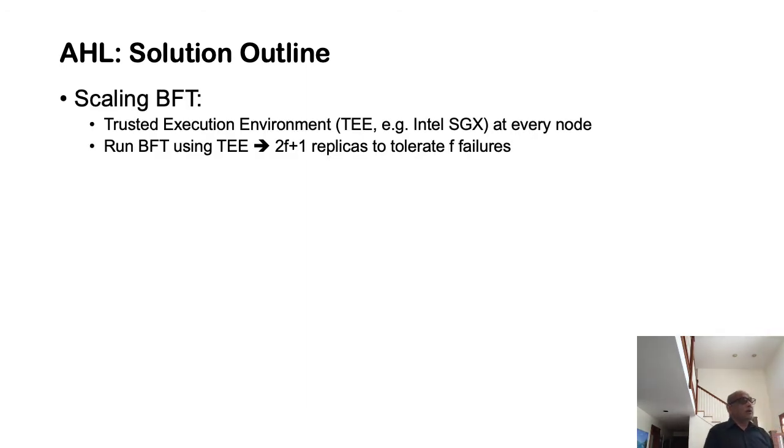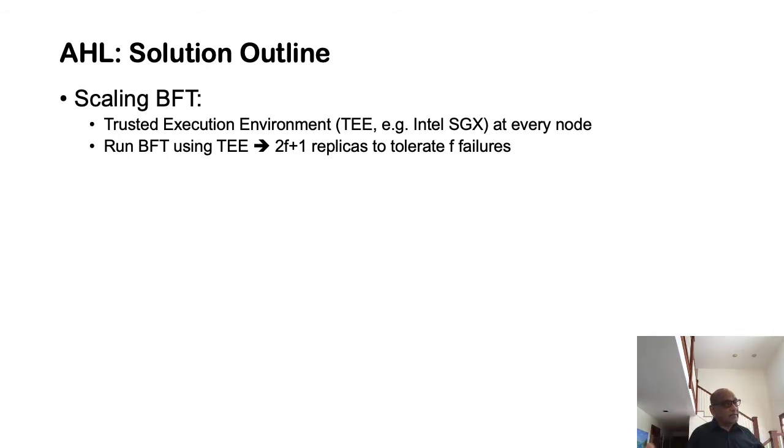So the first thing is, as we mentioned, one of the first challenges is how do you scale BFT? What the authors propose is that for each node, they are going to make it a trusted execution environment using hardware technologies such as Intel SGX, and this is going to be available at every node.